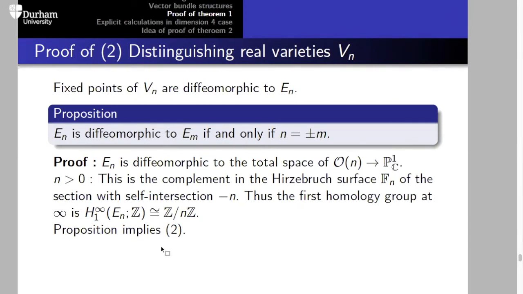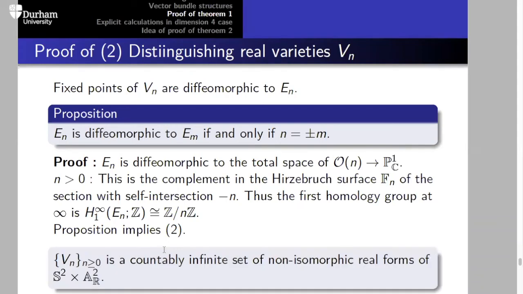So this proposition gives me the fact that the Vn's are all different for n positive. That's basically the proof of the theorem. It tells me that the Vn's for n bigger than or equal to 0 form a countably infinite set of non-isomorphic real forms of S2 cross A2.